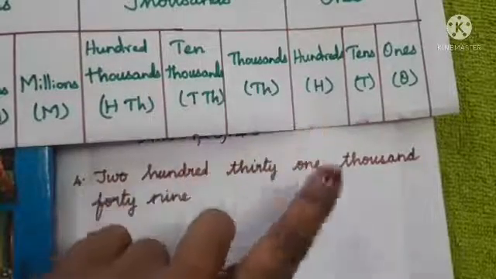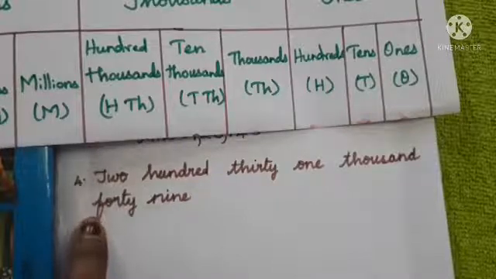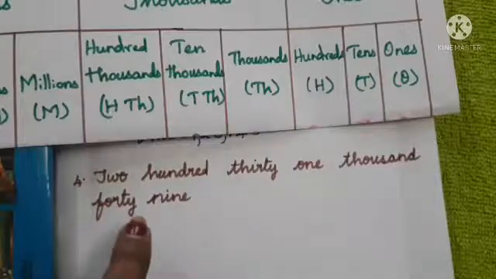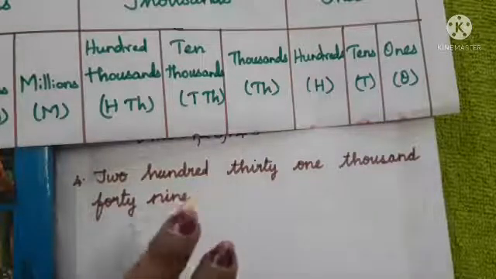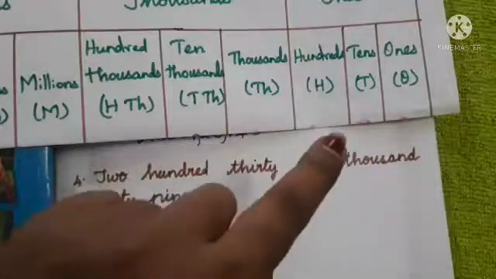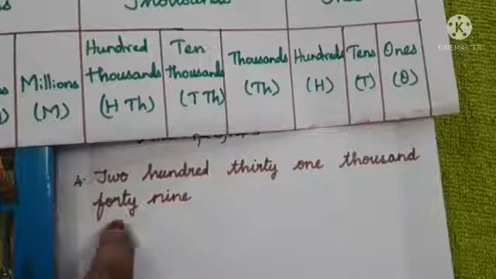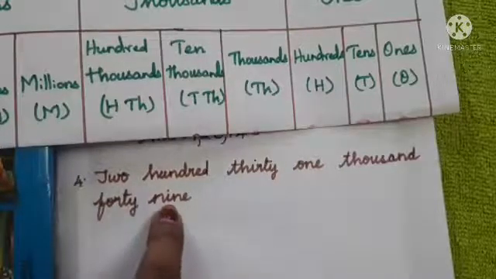Did they give the hundreds place? No, they didn't give the hundreds place, so we have to write 0 for the hundreds place. If a place value is missing, we have to place 0 for that particular place value. So here no hundreds, so we write 0. Then next tens and ones: what did they give? Yes, 49, that is 4 tens and 9 ones.